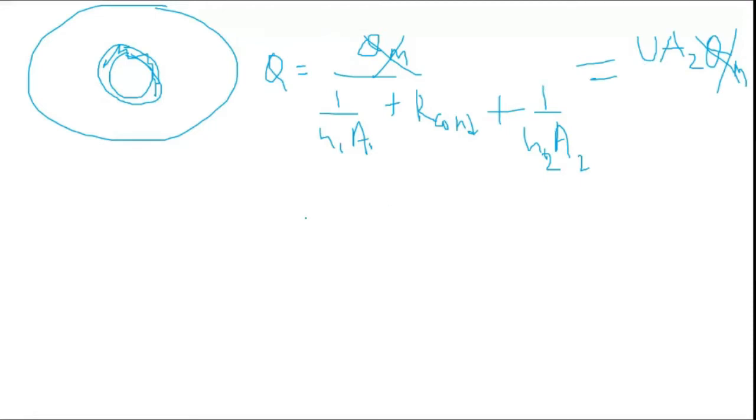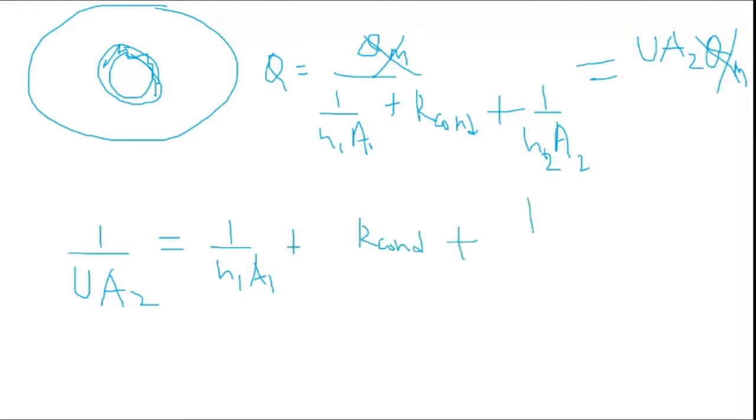If you take the reciprocal on both sides, we can write 1 by U multiplied by A2 is equal to 1 by H1A1 plus R conductive plus 1 by H2A2. Any doubt till this part?